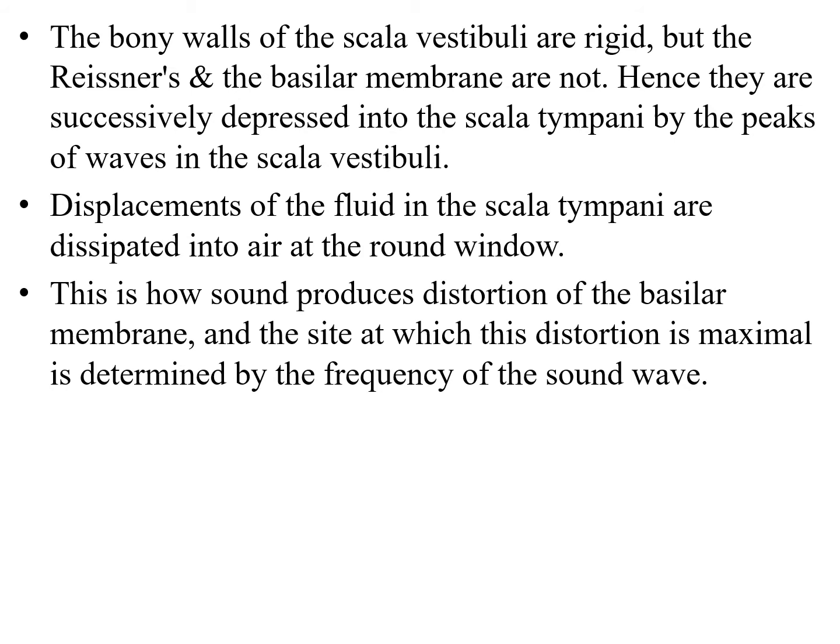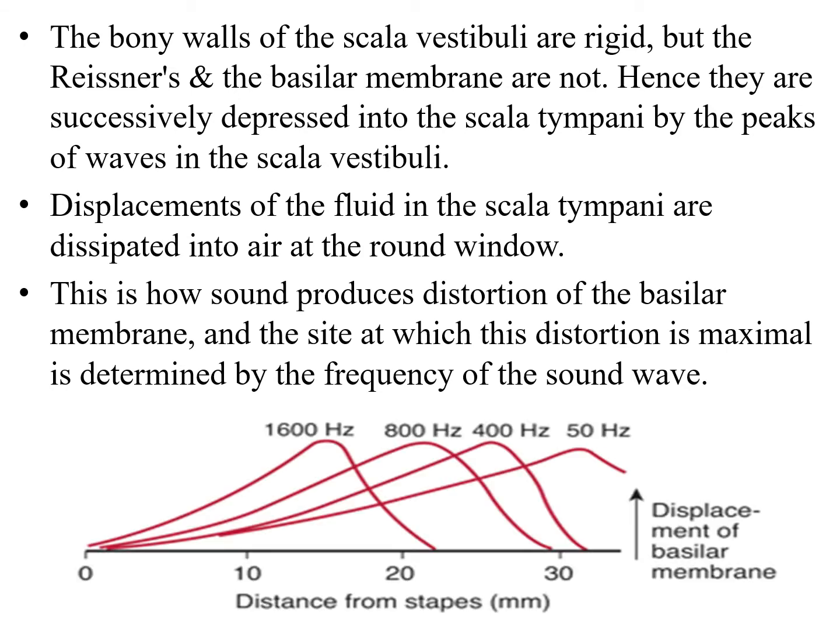Now this is how sound produces distortion of the basilar membrane, and the site at which this distortion is maximal is determined by the frequency of the sound wave. This diagram will try to explain what I was saying in a more pictorial way. You can see that the distance from the stapes is marked in millimeters. As I have said, the cochlea is about 35 millimeters long.